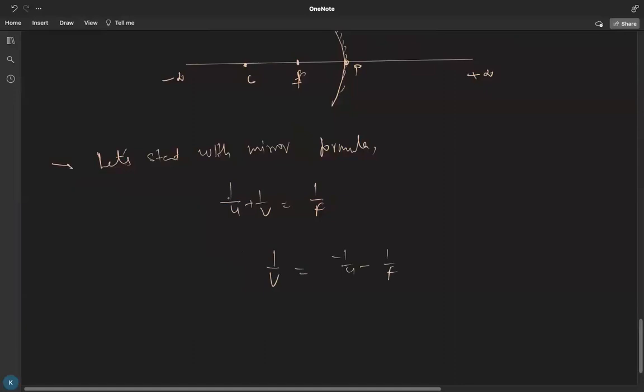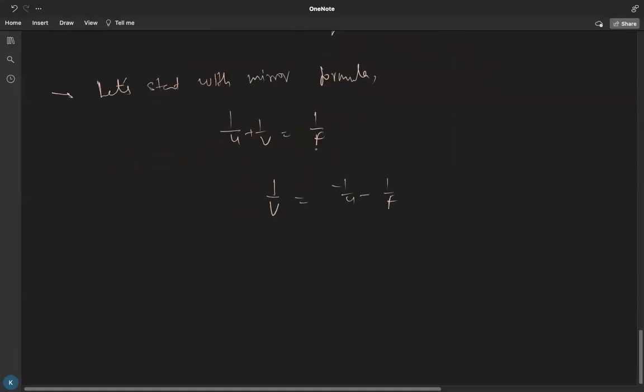I'm just taking this from that side and considering it as negative. So we have a formula: v is equal to minus uf by u plus f. We put the sign in f and we further put the sign of u. I already told you when I taught you the sign convention.